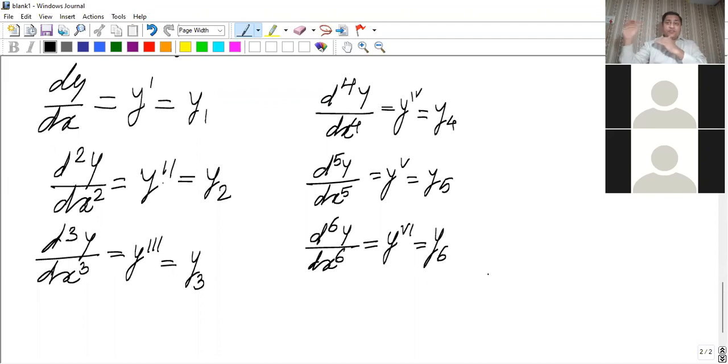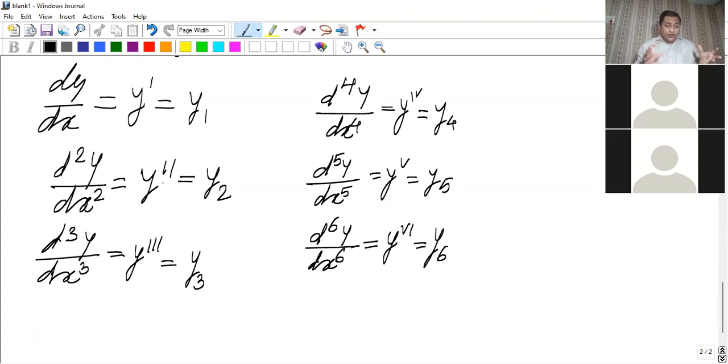But somewhere I need to stop. So I need to stop at n. But n means how large? As I said, it may be 10, it may be 20, it may be 50, it may be 100. So how do we get the n? That means we have to generalize this derivative.